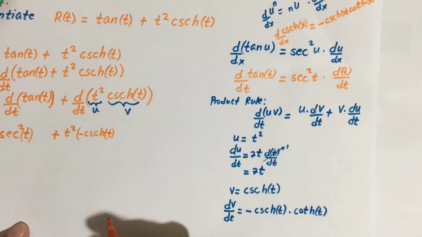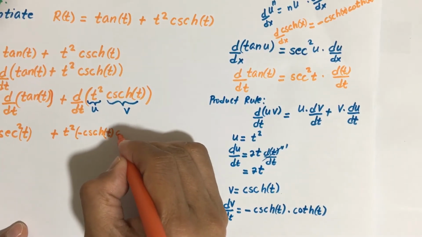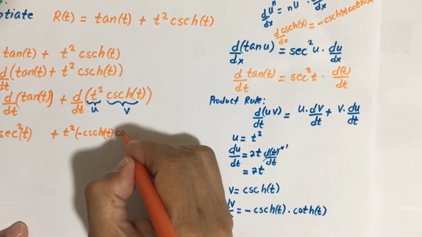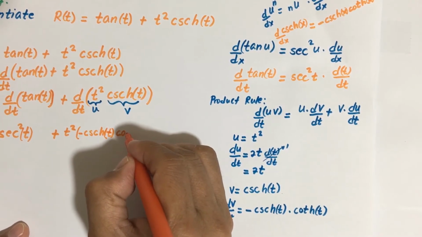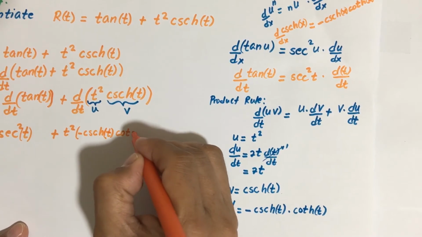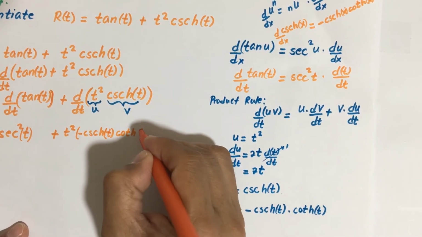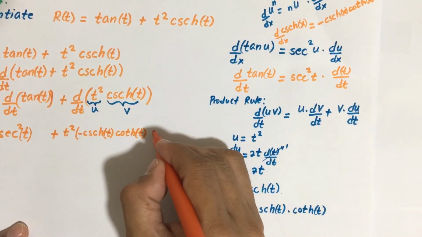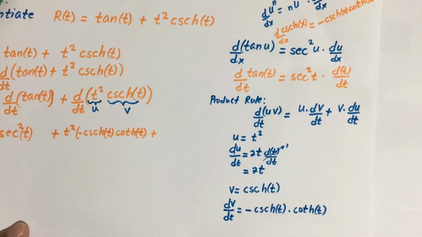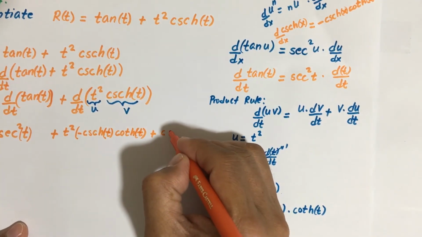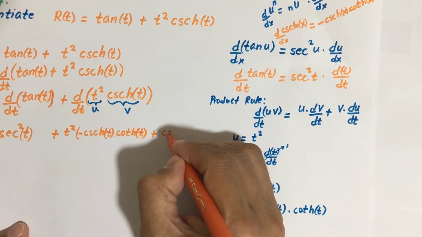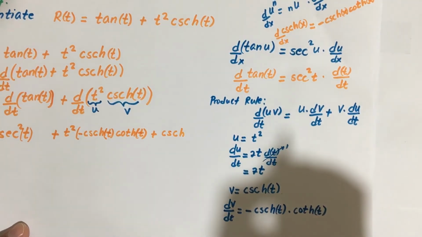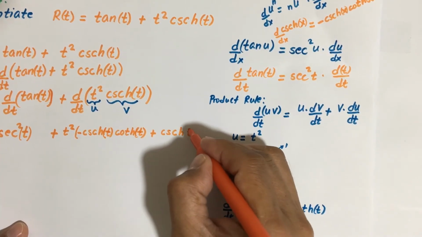Then times hyperbolic cotangent of t. Then plus, our v is hyperbolic cosecant t.